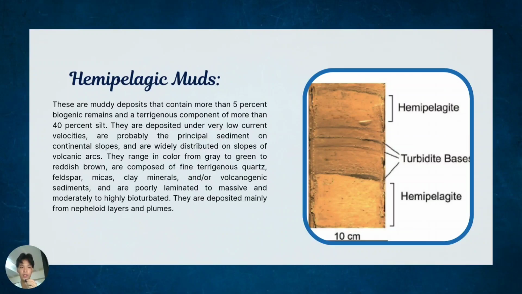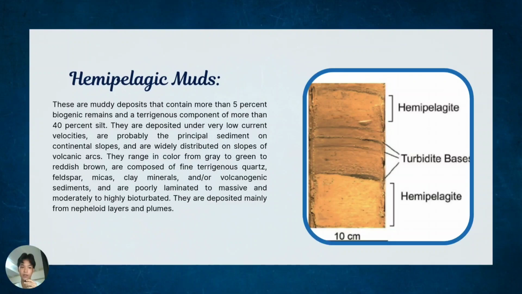Hemipelagic muds. These are muddy deposits that contain more than 5% biogenic remains and a terrigenous component of more than 40% silt. They are deposited under very low current velocities and are probably the principal sediment on continental slopes. And also, these are widely distributed on slopes of volcanic arcs.